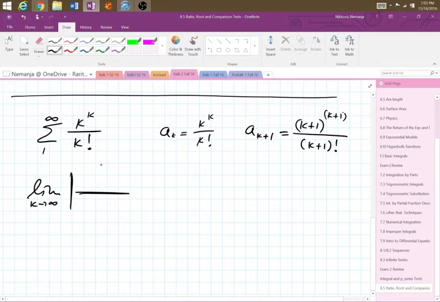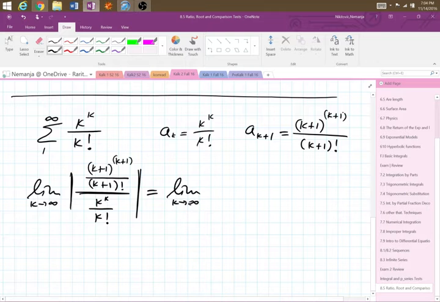That's right. k plus 1 raised to the k plus 1 divided by k plus 1 factorial, divided by k to the k over k factorial. There we go. Equals the limit as k goes to infinity.